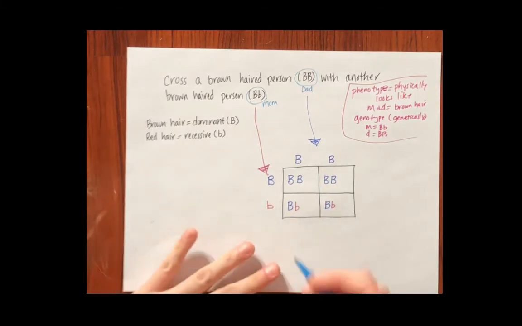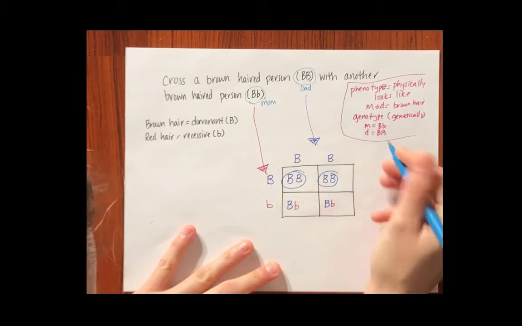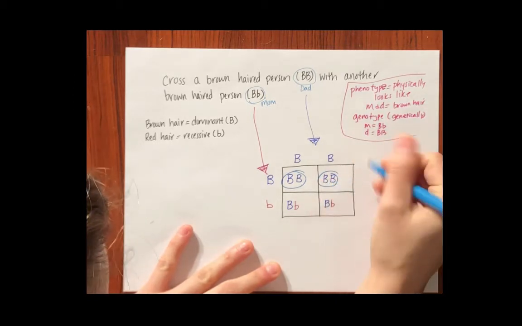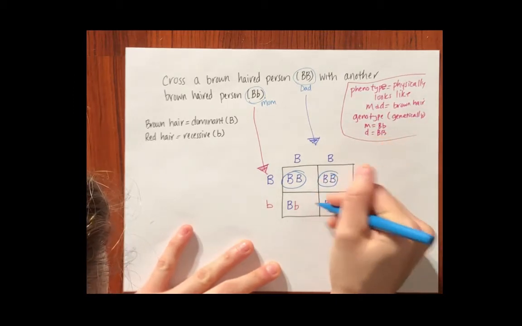So if I take these two, I've got 1, 2, so 2 out of 1, 2, 3, 4.